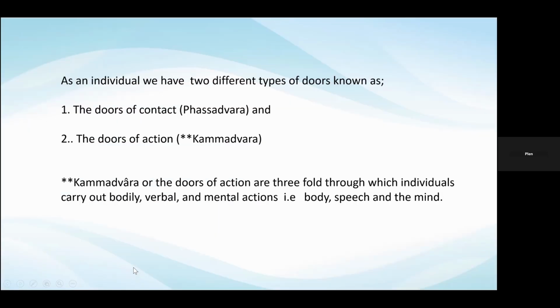So as an individual, we have 2 different types of door known as the door of contact, that is pasada dvara, and the door of action, kamma dvara. Now, kamma dvara, or the door of action, are threefold, through which an individual carries out bodily, verbal, and mental action. That is the body, speech, and mind.